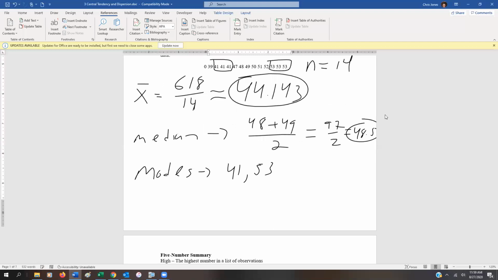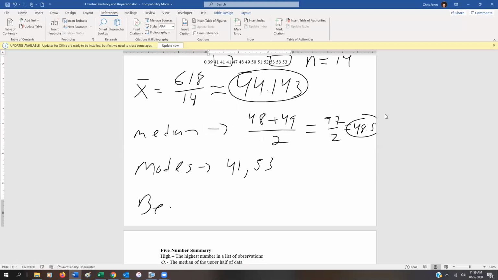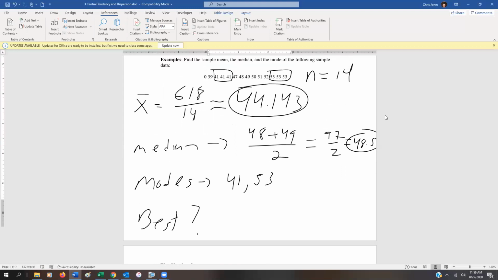If you're a statistician, the question is, which is the best measure? Well, I think everybody can agree that 0 is an outlier, just by inspection. There's not really any scientific proof of that yet. We will later in the course when we start understanding deviation a little bit more. Because there's an outlier, we can say that the median is the best measure.